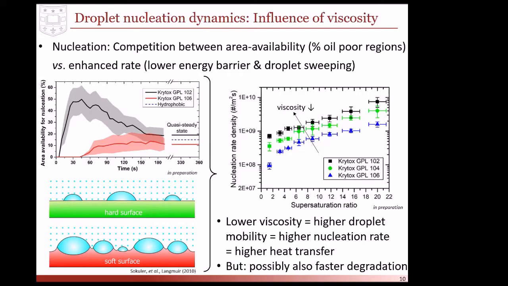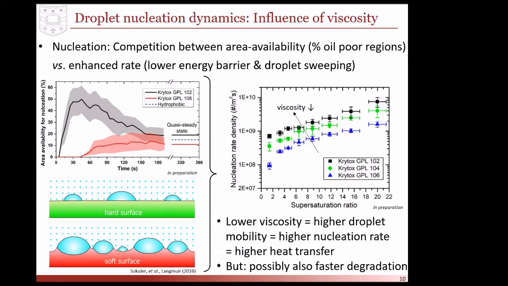The only concern is that with a lower viscosity of the lubricant, we might also get a faster degradation of the surfaces. So that's something we still need to understand in more detail, how lubricant drains during the operation.